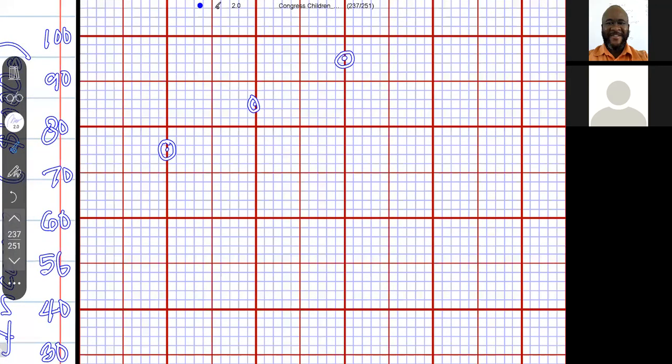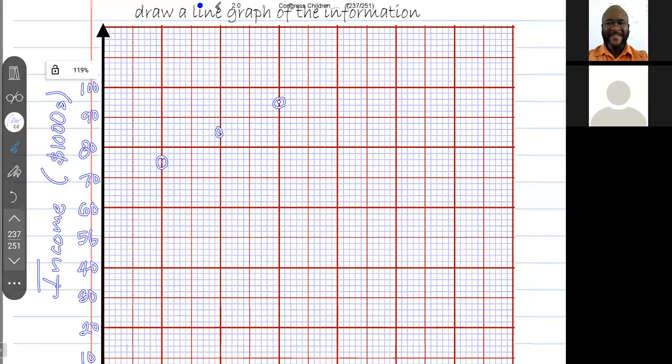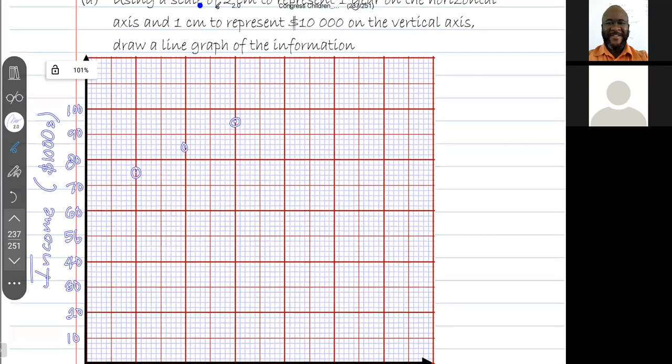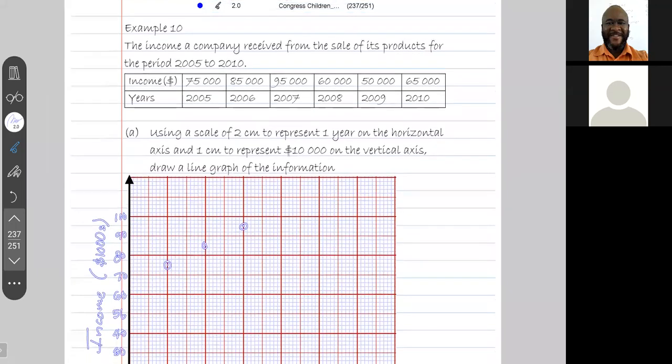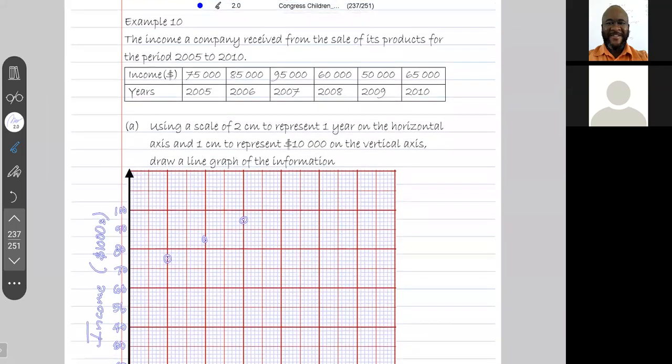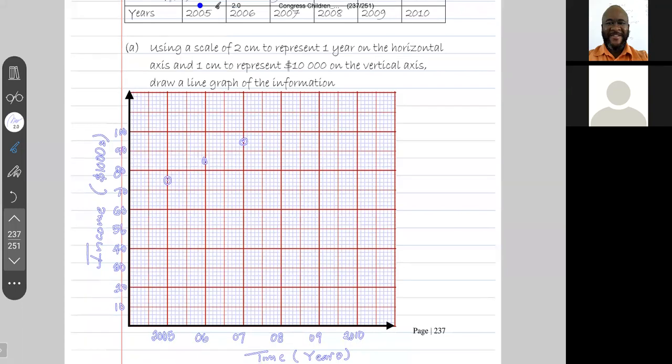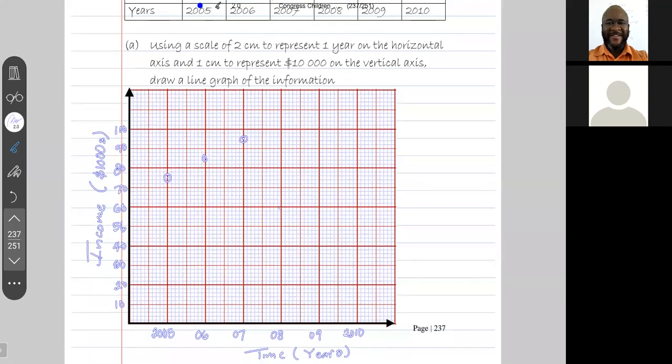After I have the three of those, the next point is 2008, which is 60, then 2009 is 50, then 2010 is 65. That's in the dead middle between 60 and 70.